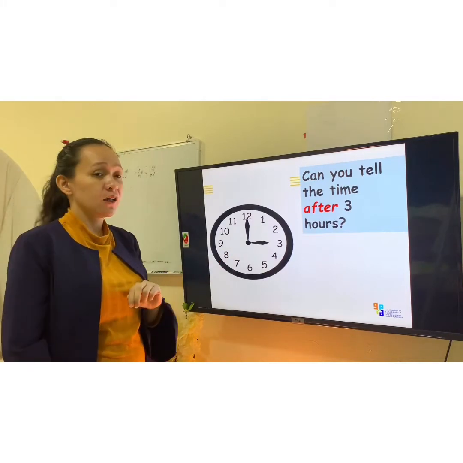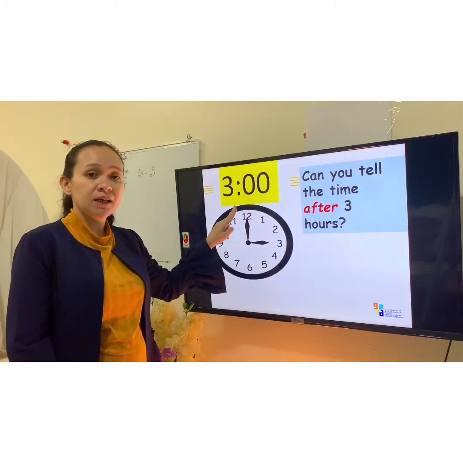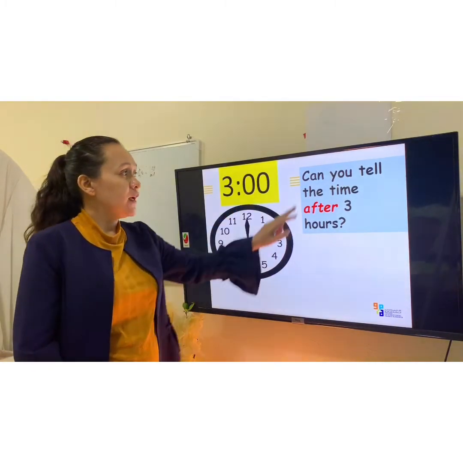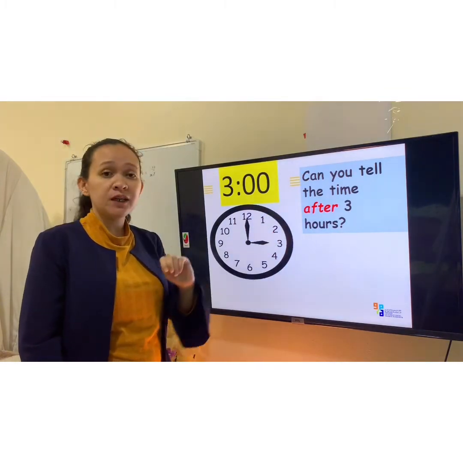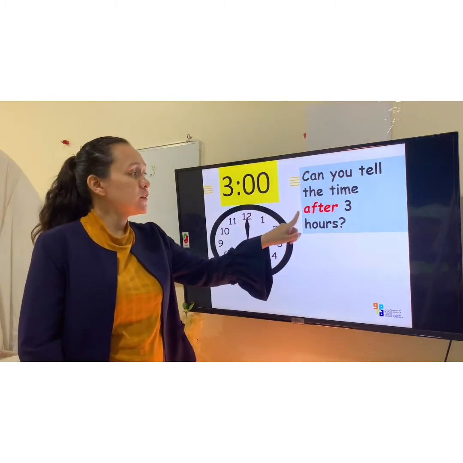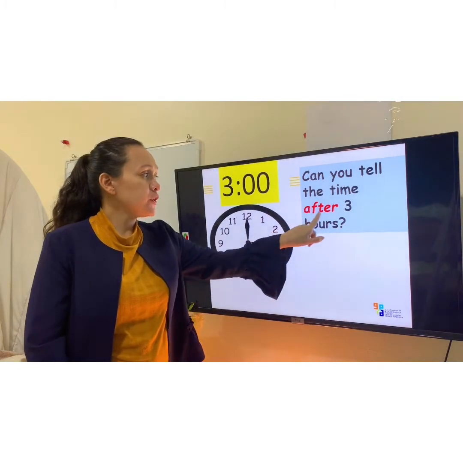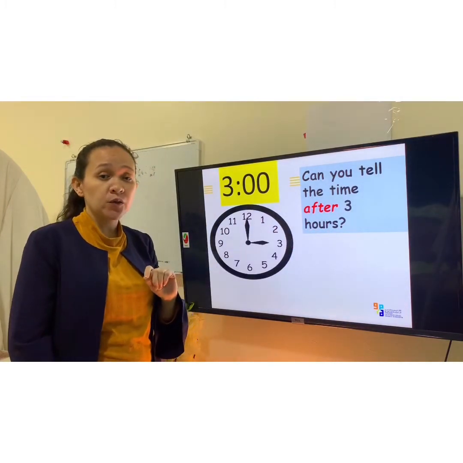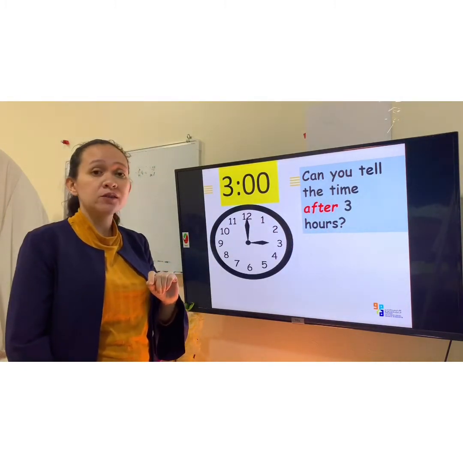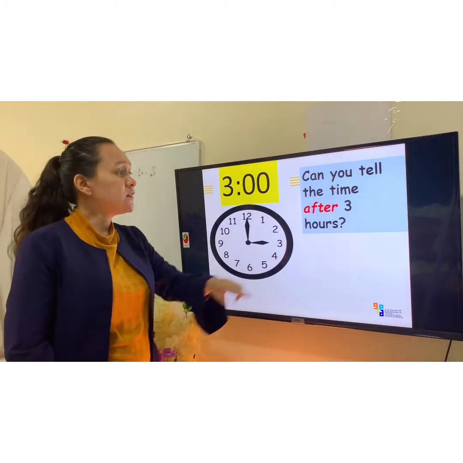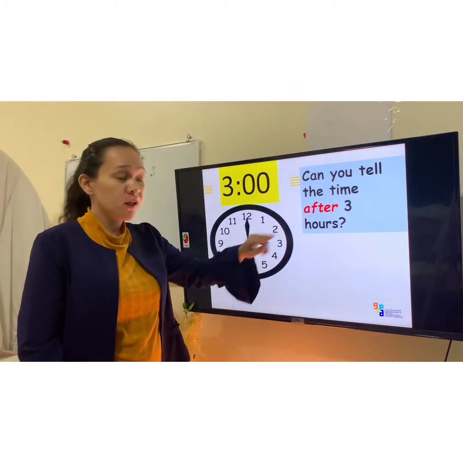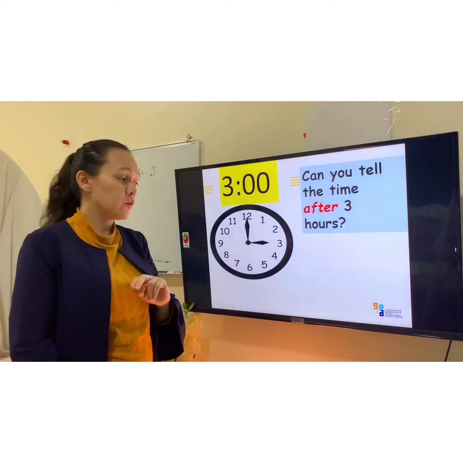Now let's move here. I have a clock. It shows the time 3. But here's the question. Can you tell the time after 3 hours? If you notice the word after, it means you are going to add or you are going to count forward. Since it is after 3 hours, you're going to add 3 hours.